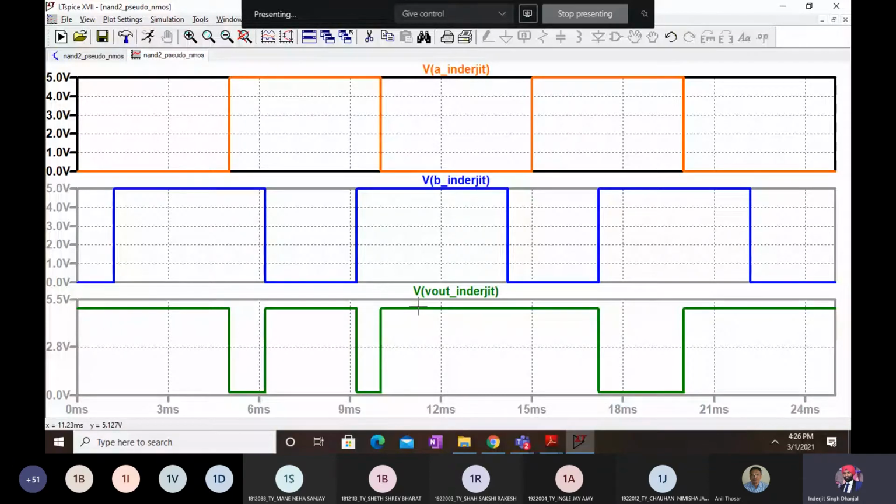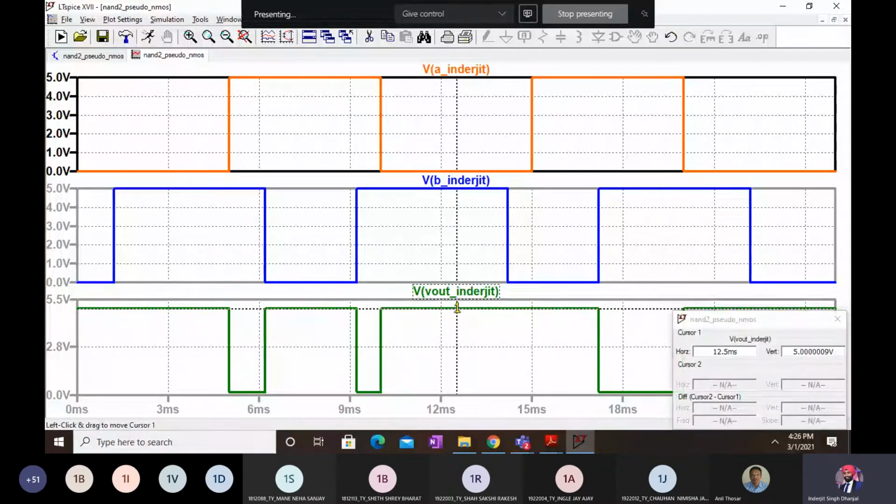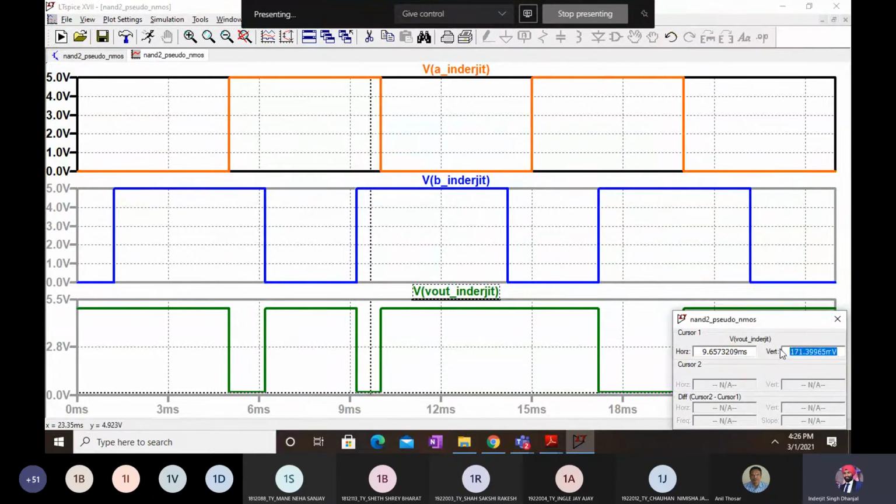And one more thing, if you check, the output is at full swing for logic 1. But in the pseudo NMOS logic, the logic 0 is not 0. As you can see over here, this is a non-zero logic 0. You have a slight voltage at logic 0. It's not exactly equal to 0.